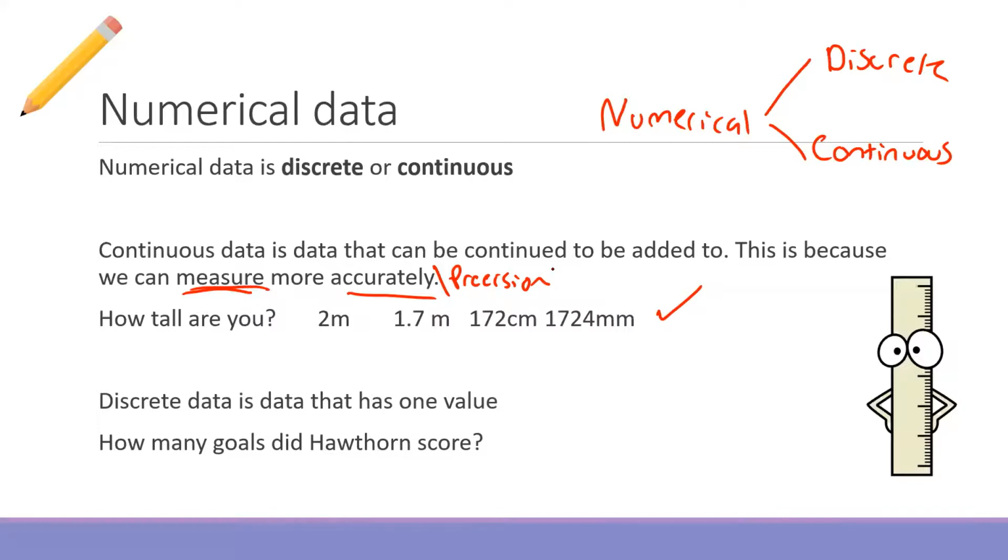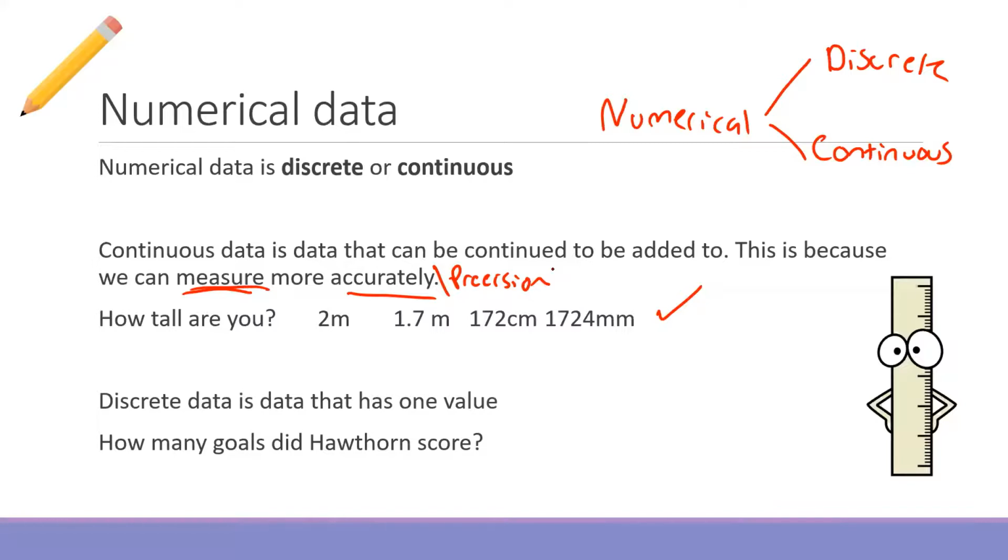I could say, how long did this person take to run this distance? All of these are continuous variables because, yeah, sure, I can measure it with a ruler or with a stopwatch, but I could always measure it more accurately. That's what continuous data means. The continuous part means you can continue to measure it more and more accurately.